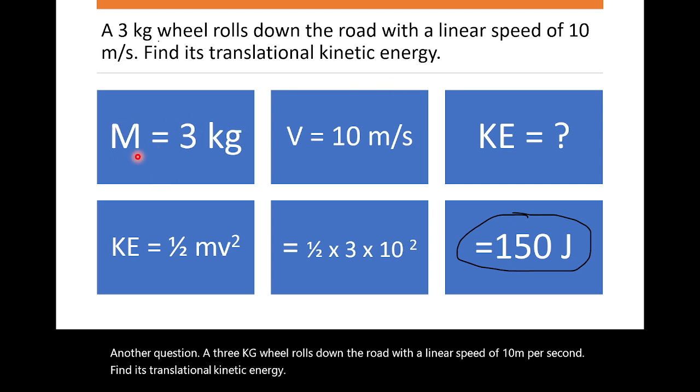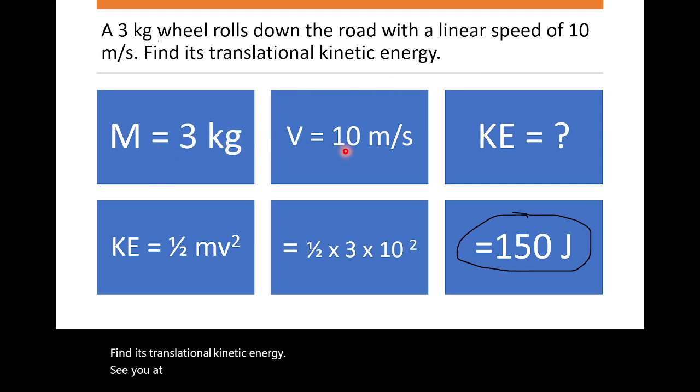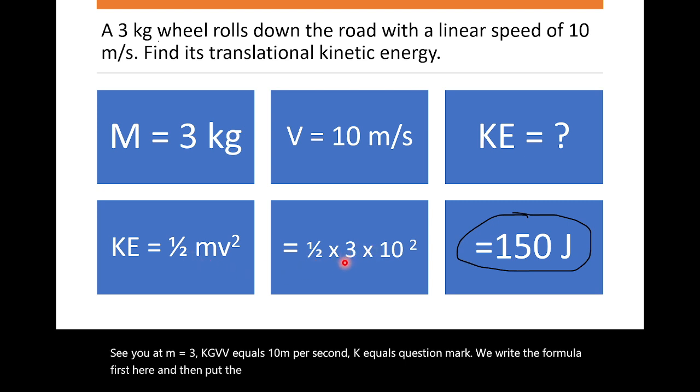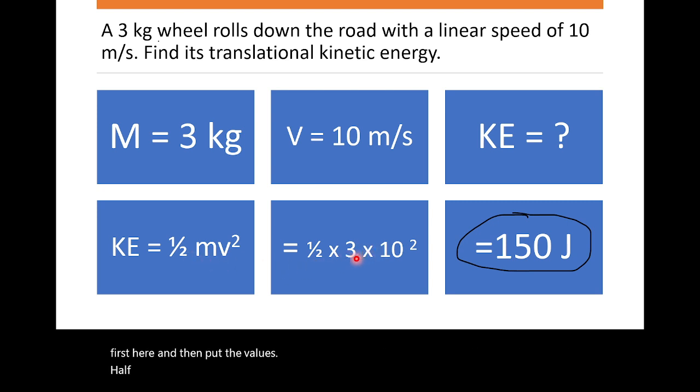You have m equals 3 kg, v equals 10 meter per second, k equals question mark. We write the formula first and then put the values. Half times m is 3 times v is 10 squared. That gives you 150 joule.